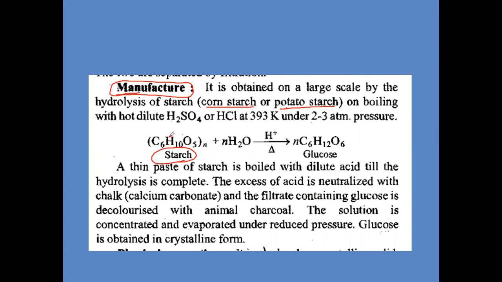(C6H10O5)n. It reacts with n molecules of H2O in the presence of an acidic medium and heat. Then we get n moles of glucose. So glucose can be prepared on large scale from starch. It is the manufacture of glucose. It's one of the important areas. And all these things will be sent to you. Please go through everything and note down the important points.